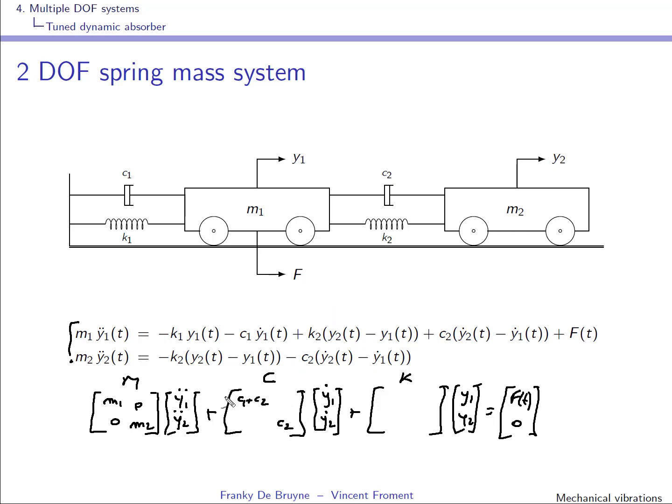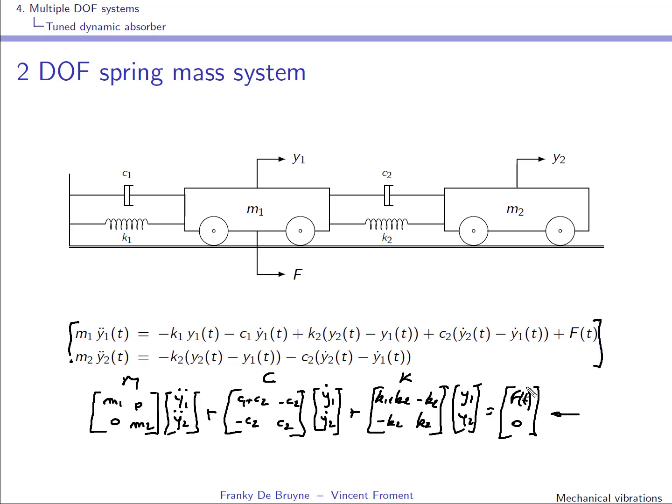And on this element 1, 2, you look at the connecting elements, just C2, and you change signs, and you have minus C2. Here you have something similar. You have minus K2, and K2.